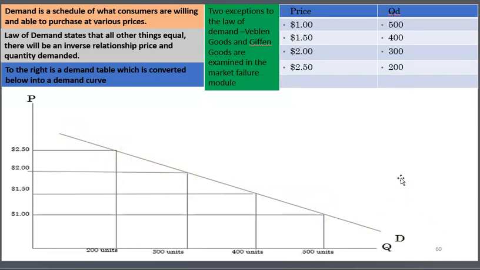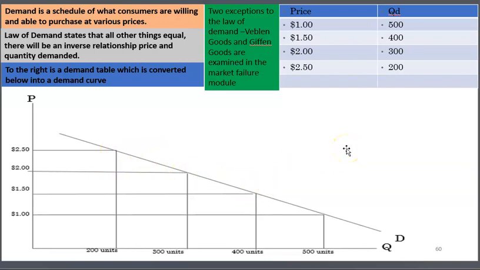Now, one thing I want to point out is demand is this entire curve, and quantity demanded are specific points on the curve that correspond to a price point. So this is a quantity demanded at that price, quantity demanded at that price, and so on.